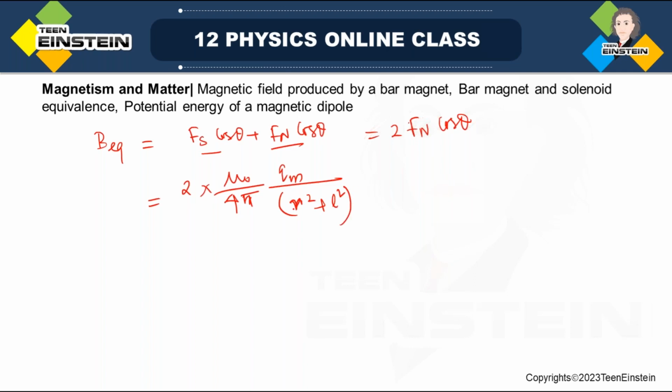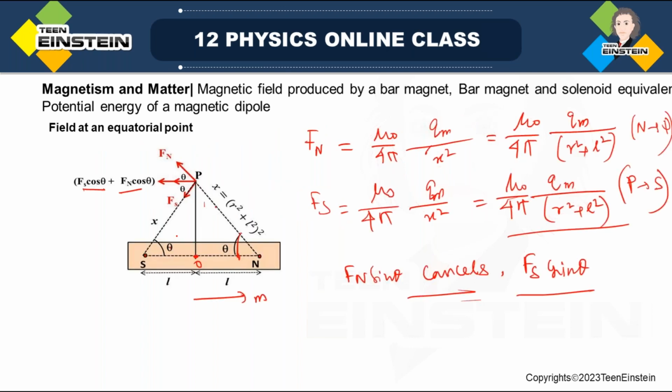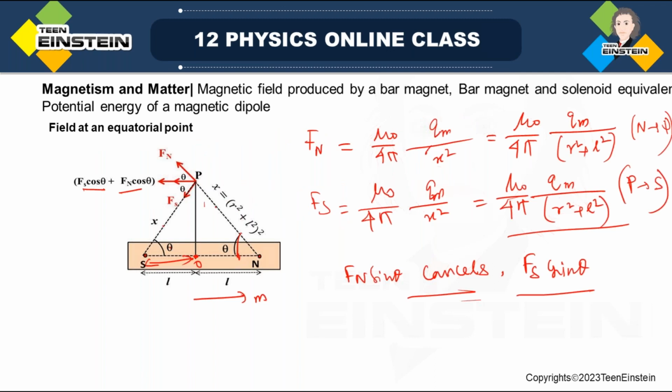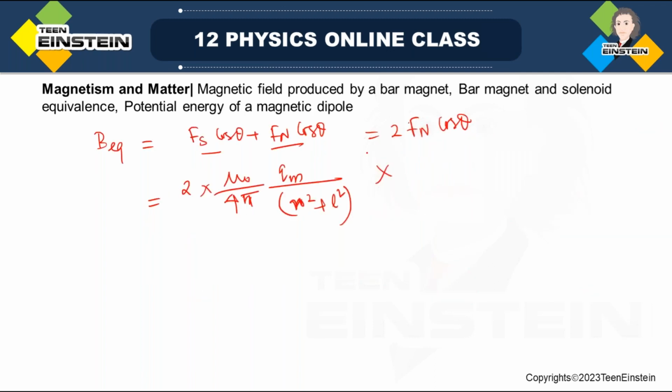And what about cos theta? Cos theta is base by hypotenuse. Hypotenuse is x, base is l, so l by x. What is x again? X is the square root of r square plus l square.